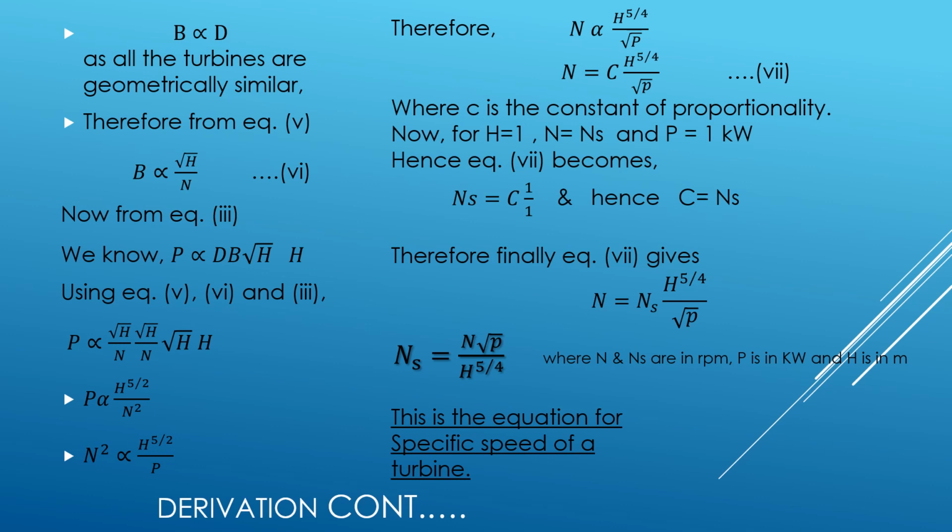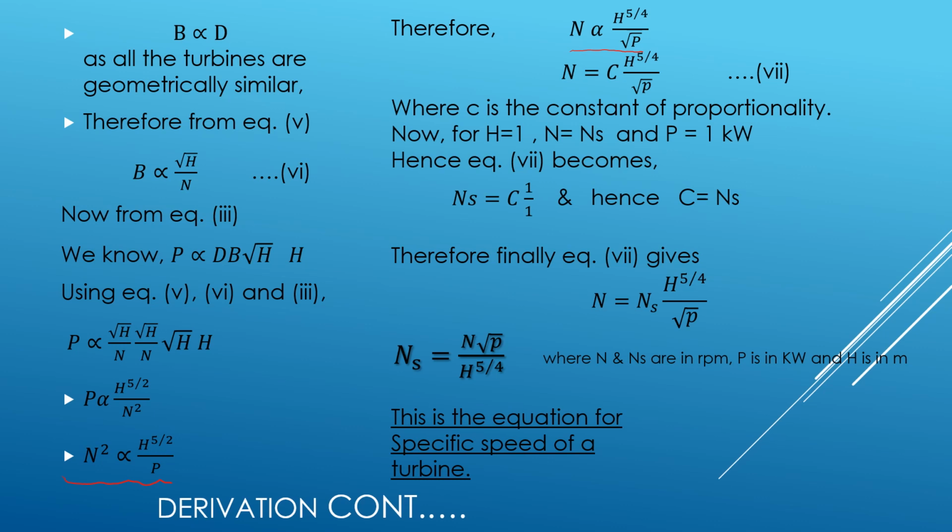N into N becomes N square. So that gives N square is proportional to H to the power 5 by 2 by P. Therefore, if I take the square root of both sides, I get N is proportional to H to the power 5 by 4 by root P. N is equal to C H to the power 5 by 4 by root P, where C is the constant of proportionality.